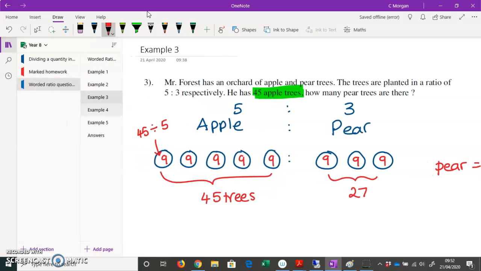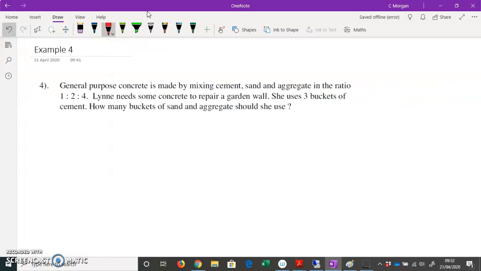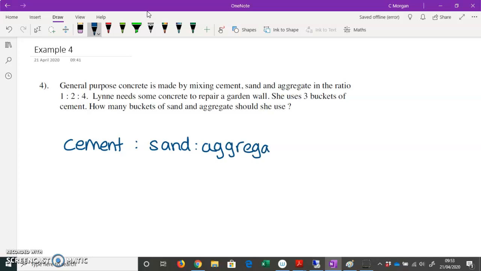Okay, number 4. Now, I've got general purpose concrete is made by mixing cement, sand and aggregate. Now I've got those 3 components of my concrete and they're mixed in the ratio 1 to 2 to 4.